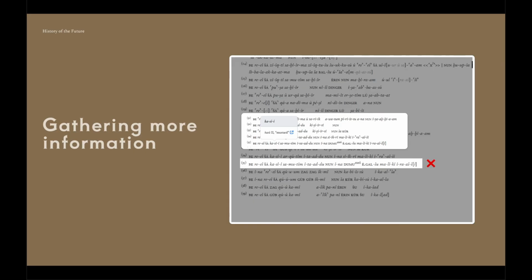Then I investigated further. I was trying to match the line of the omen from the translation to the transliteration, and I hit an obstacle because for some reason the lines didn't match.